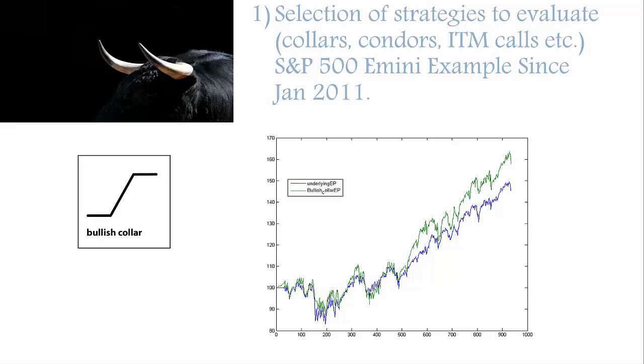You aren't going to wake up to a 2008 or 1987 event and be out some potentially unlimited amount, because the risk of the static position limits your exposure to black swan events. One of the other benefits of this type of strategy is that if you were to use leverage, that leverage can augment upside.